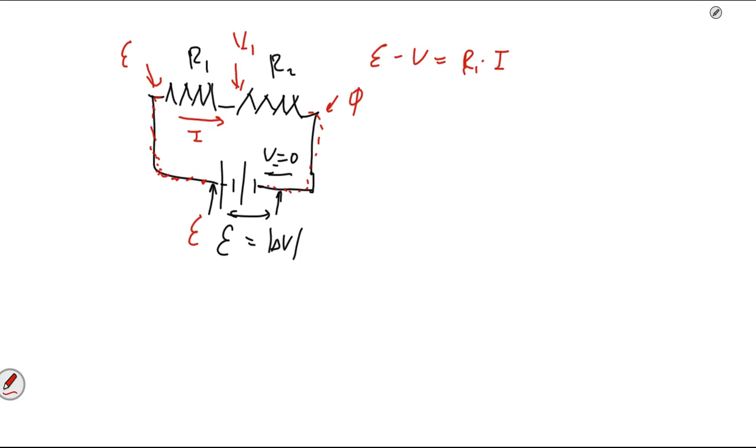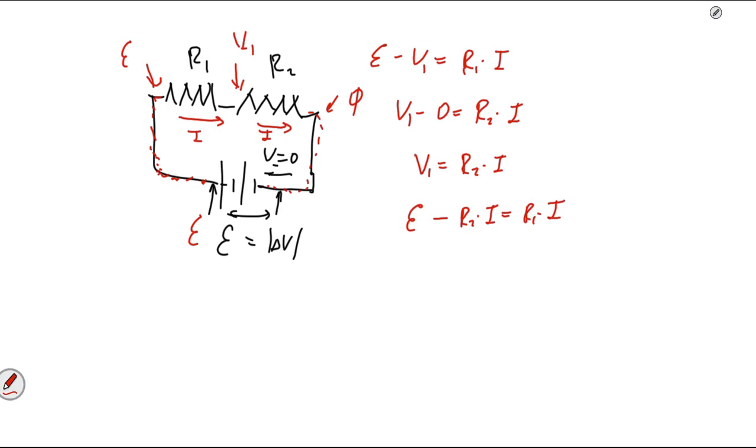So the same Ohm's law says now V1 minus 0 equals R2 times I. So V1 is equal to R2 times the current, and actually EMF minus R2 times current equals R1 times current, or EMF equals R2 current plus R1 current, or R2 plus R1 times current.